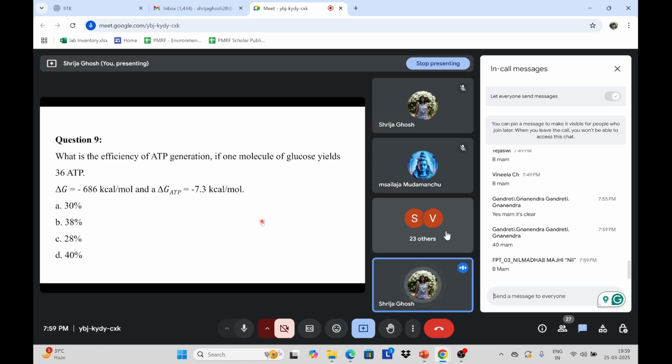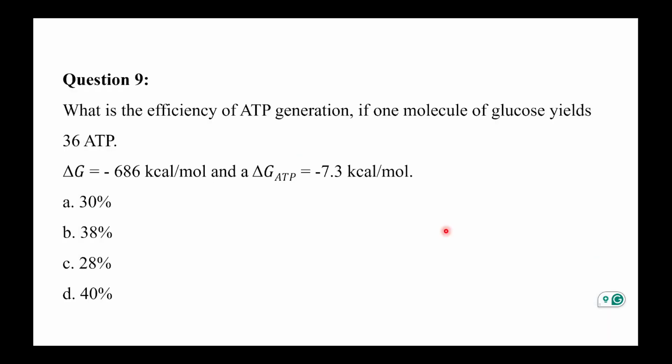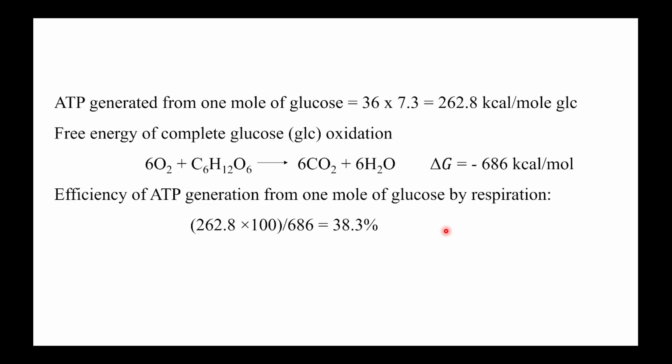Okay, another answer is option B, that is 38. Let's see the correct answer. The correct answer is 38% actually. So whoever got 40, you might have made some calculation mistake, or you have taken a decimal place wrong.